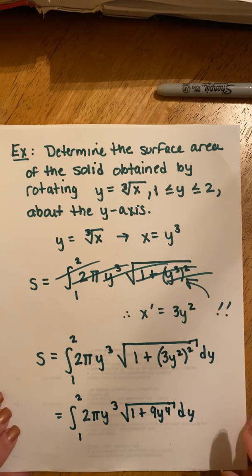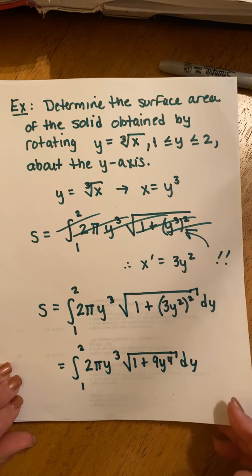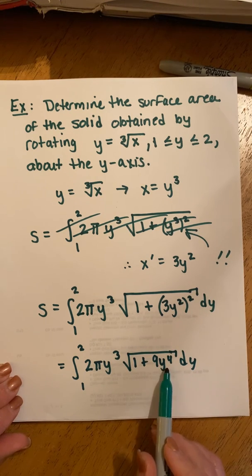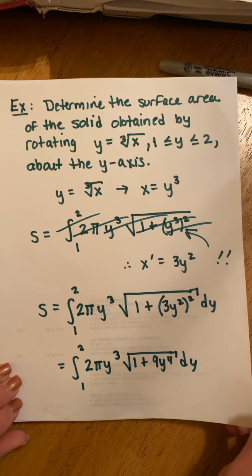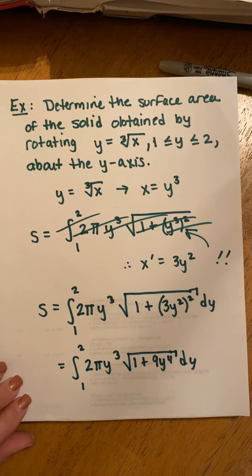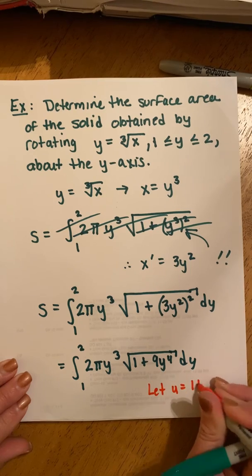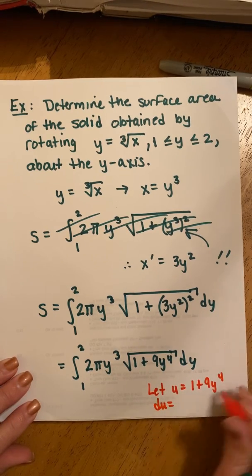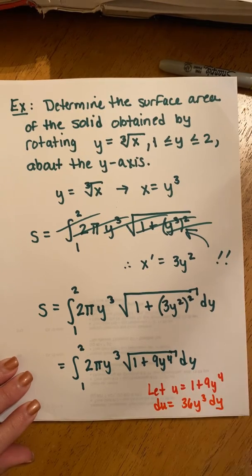And let's take a minute. What are we going to use to integrate y cubed times the square root of 1 plus 9y to the 4th? Well, if you notice, we have y to the 4th inside the radical and we have y cubed on the outside. So this lends itself very nicely to substitution. So I'm going to let u equal what's under the radical. Then du would be 36 y cubed dy.